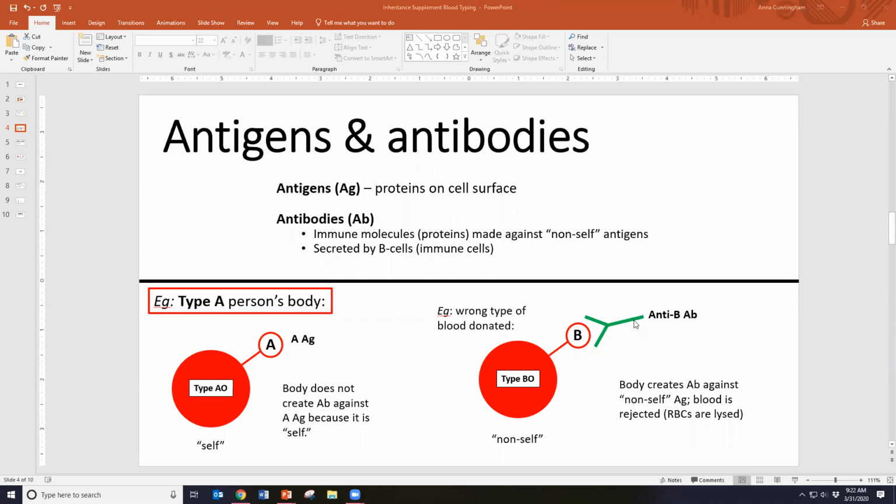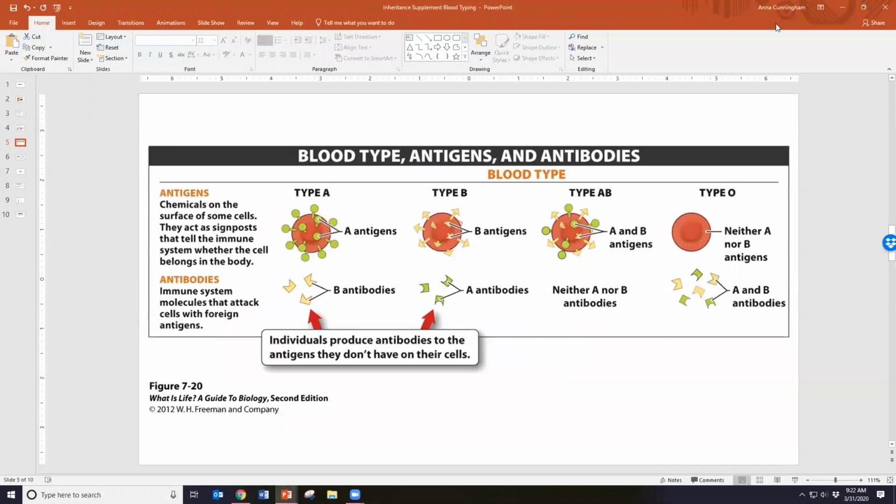So what happens when an antibody recognizes an antigen? We'll talk about it. But first, I want to talk about the different blood types that exist and what that would mean for the people with those blood types. This is just looking at all of those different blood types. Blood type is determined by the antigens, or the proteins, on the surface of the cell.